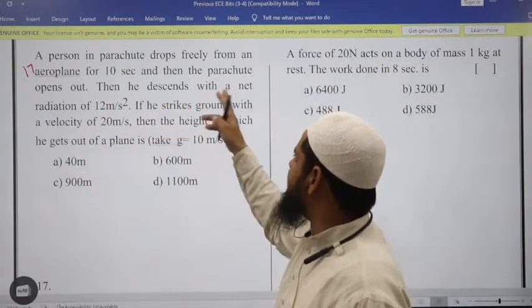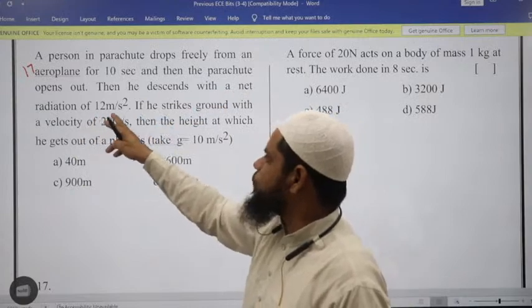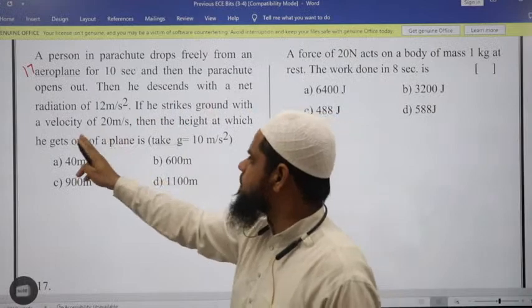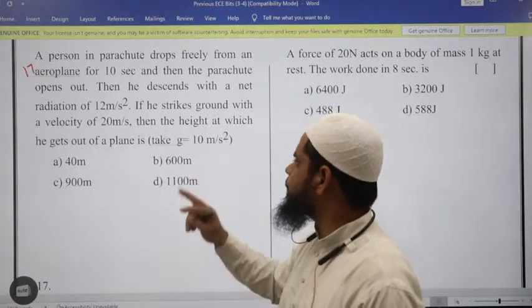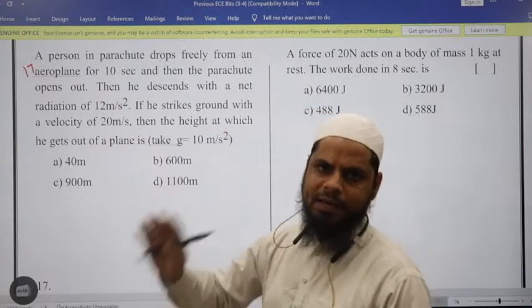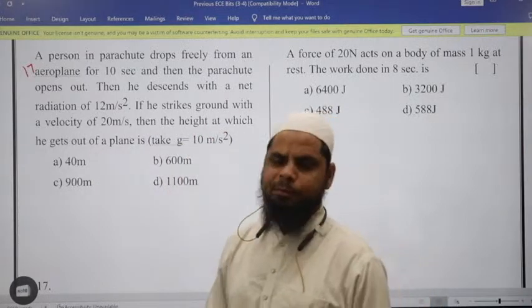Then he descends with a net retardation of 12 meter per second square. If he strikes the ground with a velocity of 20 meter per second, the height at which he gets out of the plane, that is the question. A bit of a typical question.